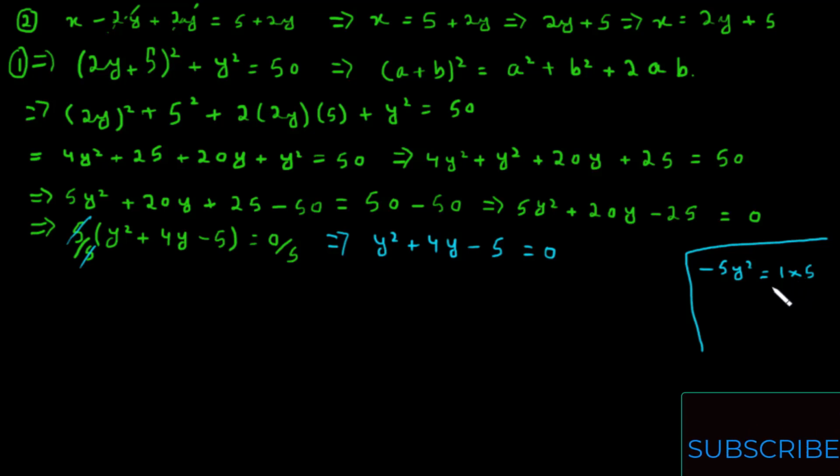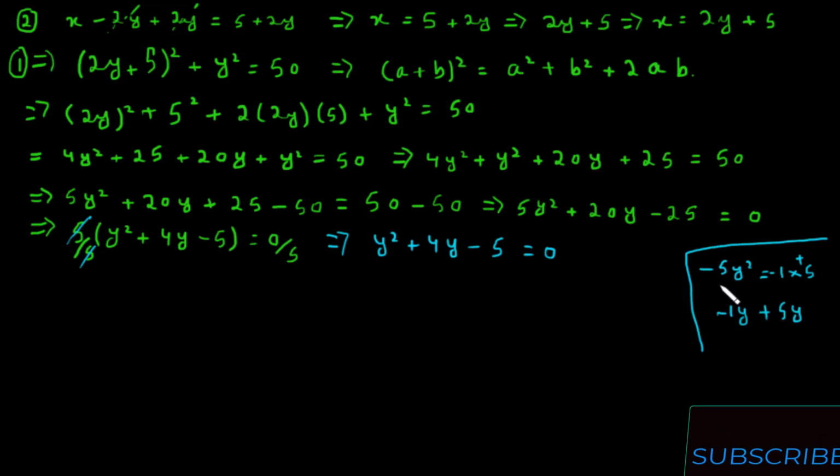But I have to keep one thing in mind, that I have to assign plus and minus signs to these two terms according to this plus 4. Like I am going to give this one minus and this 5 plus. Now minus y times plus 5y, by multiplying these two, I am getting minus 5y squared.